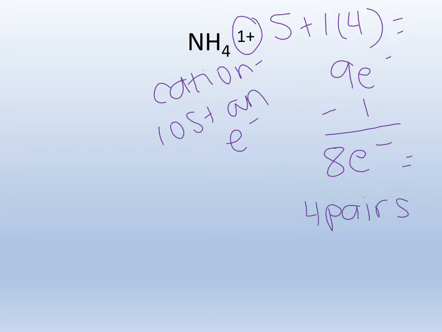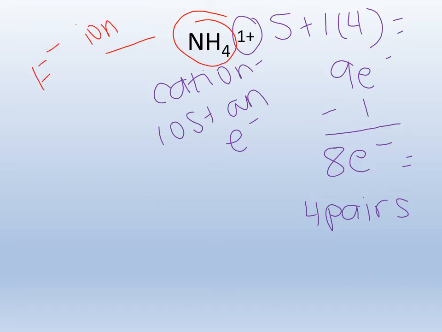Now, you might be wondering, this is a cation. Why are we going to draw the Lewis structure like a covalent compound? NH4, the nitrogen and the hydrogens have covalent bonds to each other, but this whole thing will form an ionic bond with something negative like fluorine.